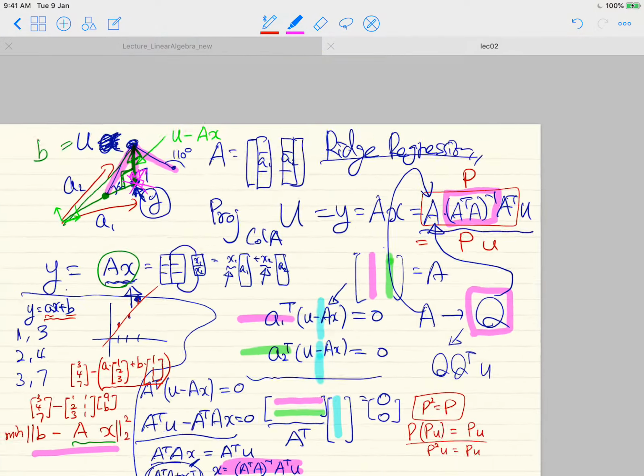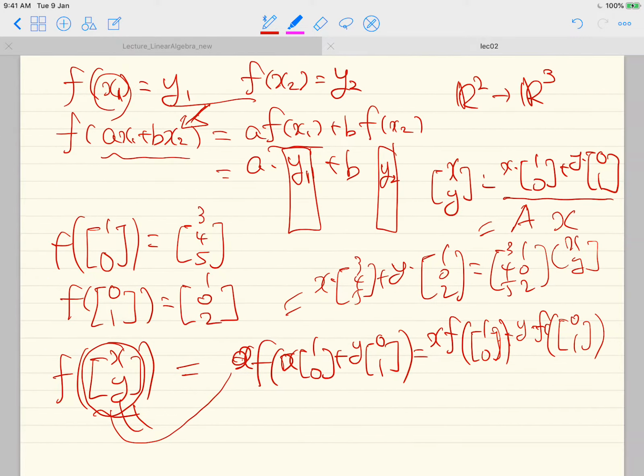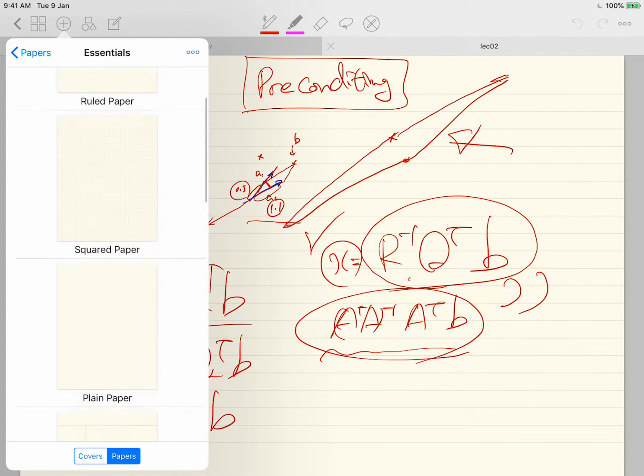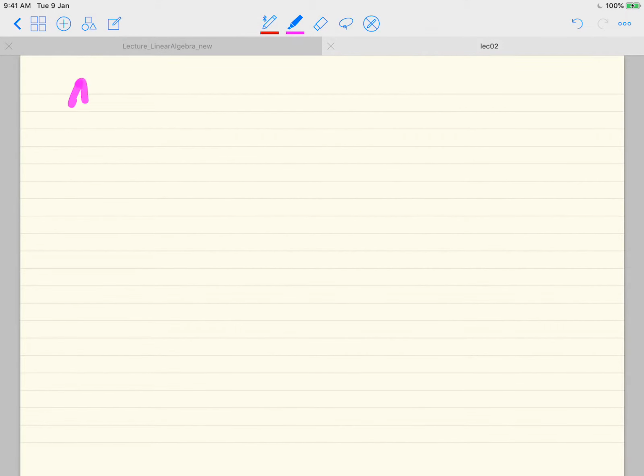So that is our P, and let's verify that it satisfies P squared.